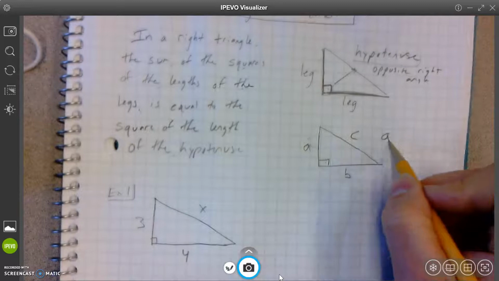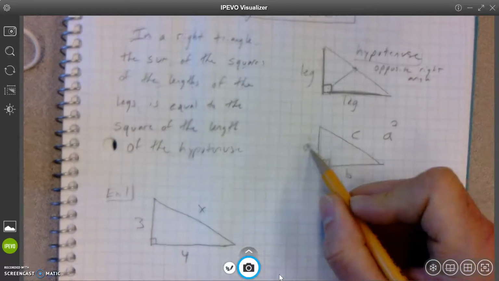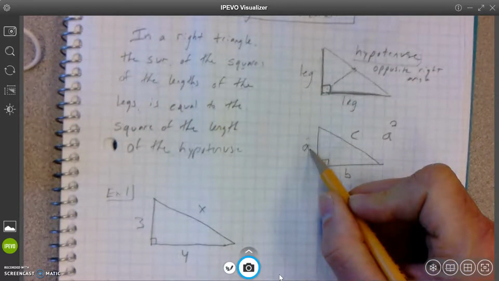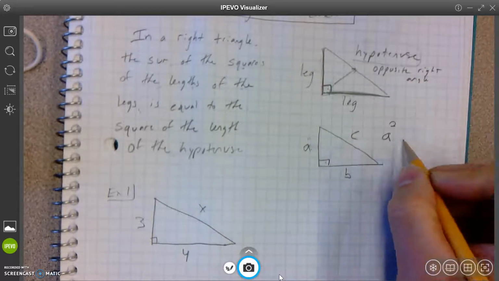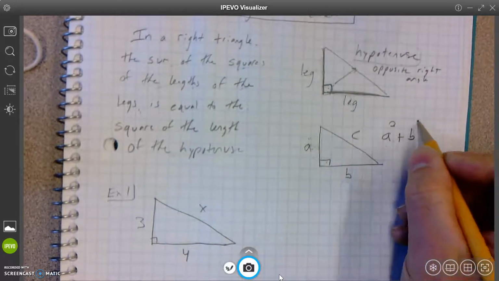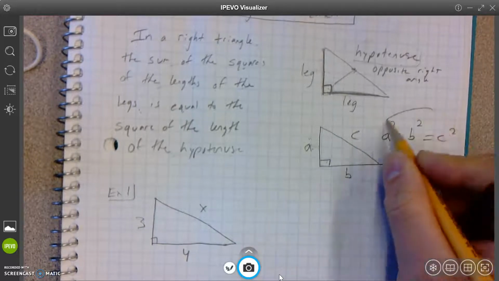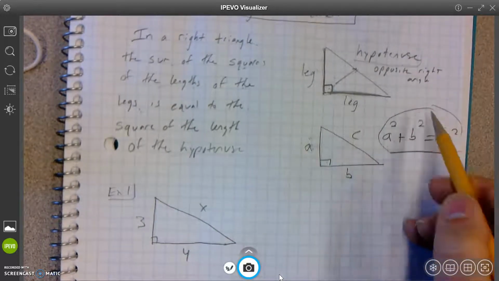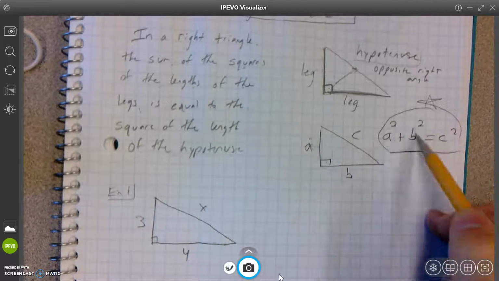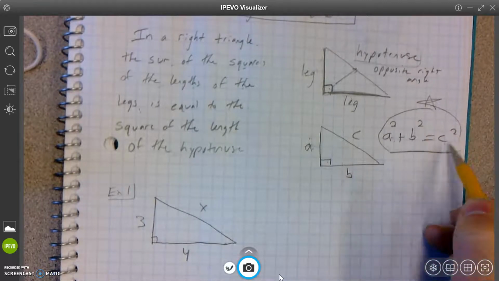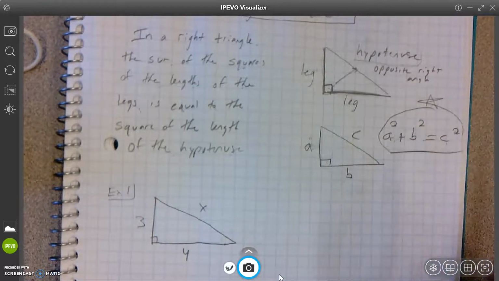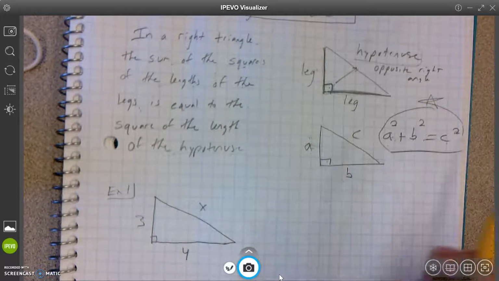So that means A squared, so take this number, whatever it is, 5, 6, 7.1, square it, plus B squared equals the hypotenuse squared. This is the Pythagorean theorem right there. A squared plus B squared equals C squared. Very, very famous, and we're going to use it a lot in geometry.